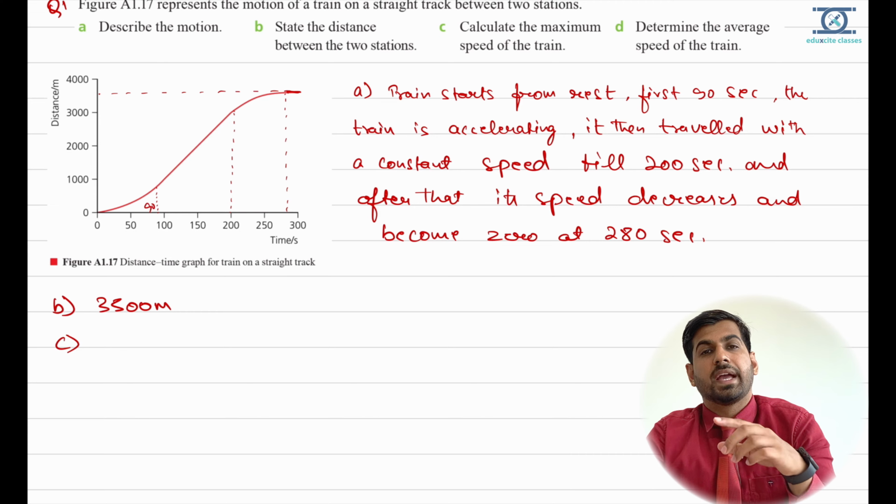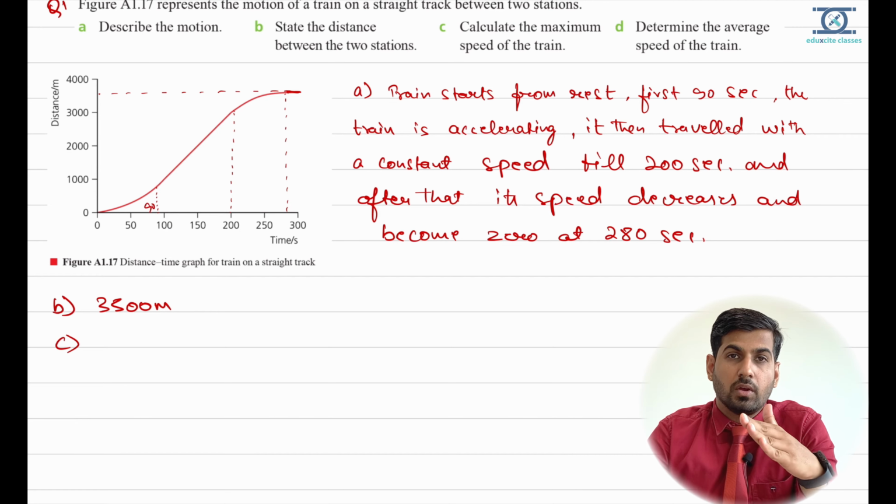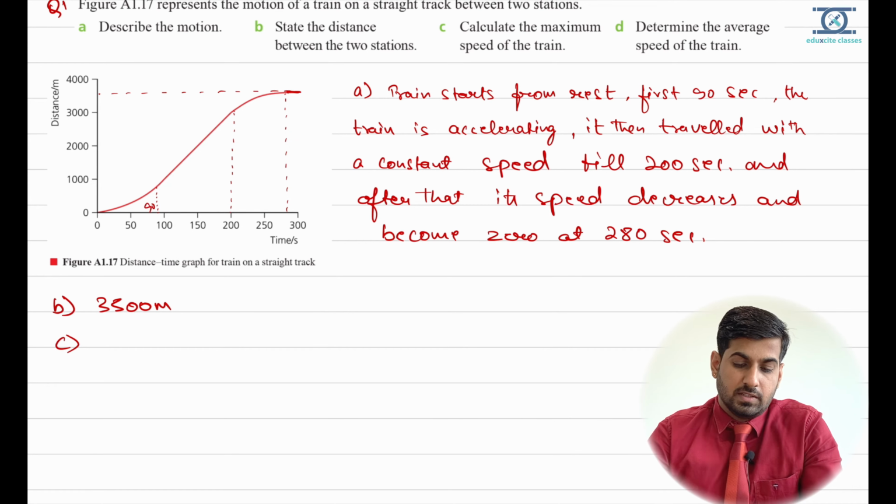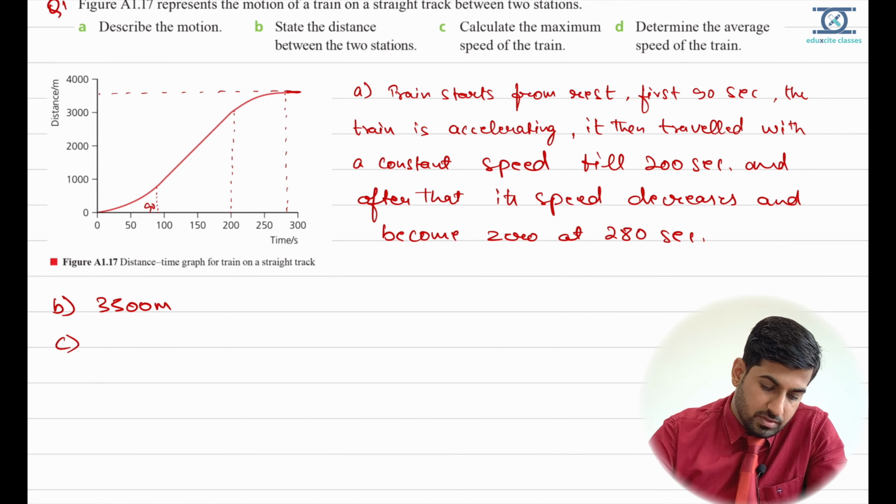Now the C part: calculate the maximum speed of the train. The maximum speed is when the curve is the steepest, because the slope of a distance-time graph gives us the speed. So the maximum speed will be during this time. We will find the gradient here.